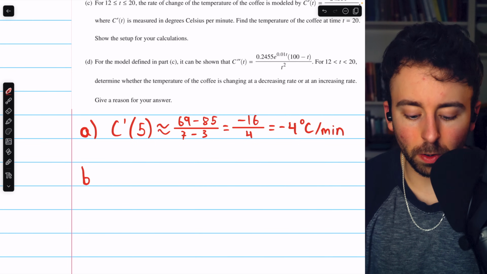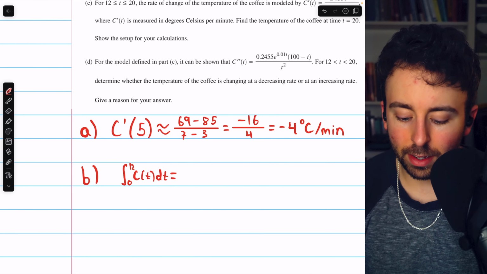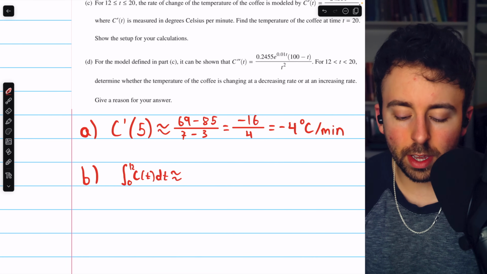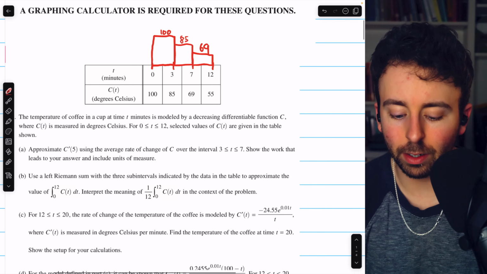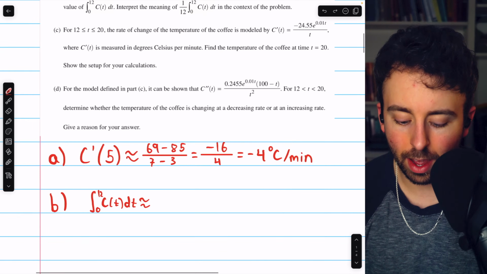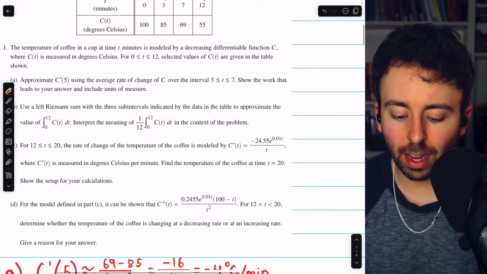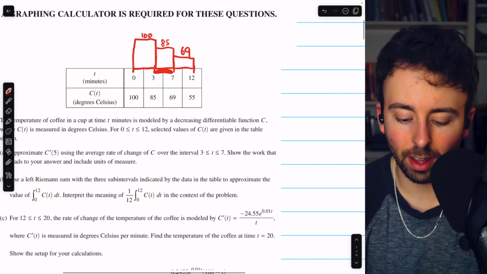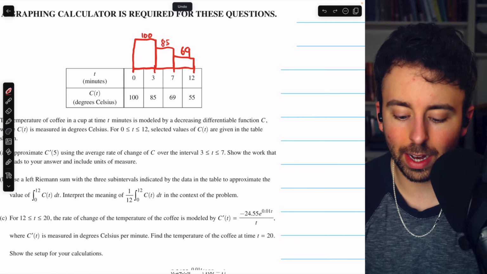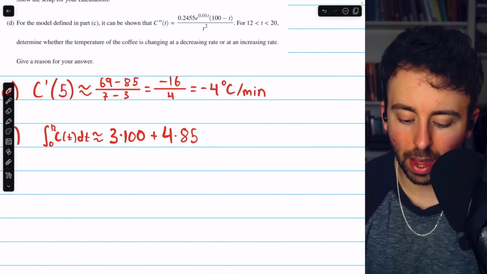So coming down here to write part B, the integral from 0 to 12 of this temperature function, c of t dt, is approximately the sum of the areas of these rectangles. The first rectangle has a base length of 3 and a height of 100, so 3 times 100. The second rectangle has a base length of 4 and a height of 85, so its area is 4 times 85.